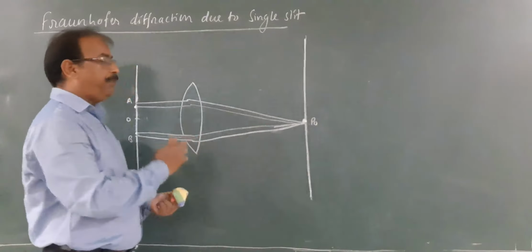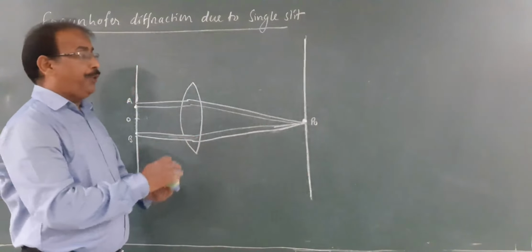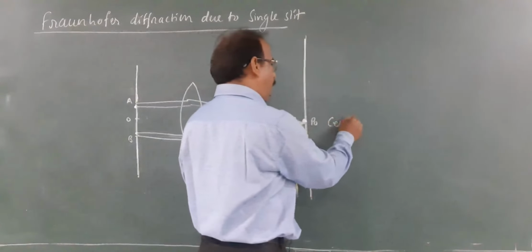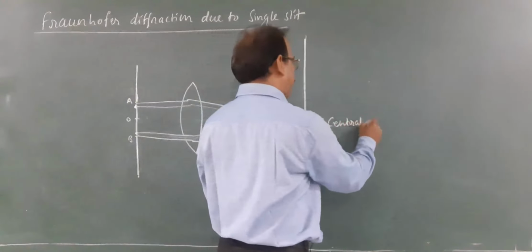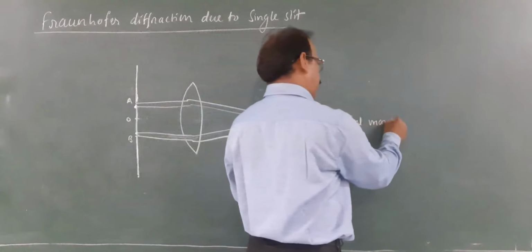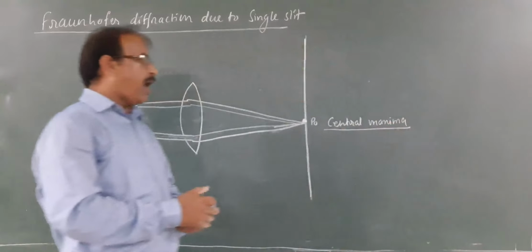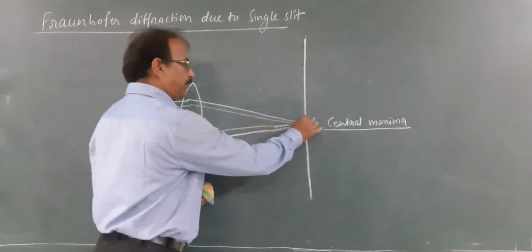There is a bright band at the center of the screen, which is called the central maxima of the diffraction pattern.